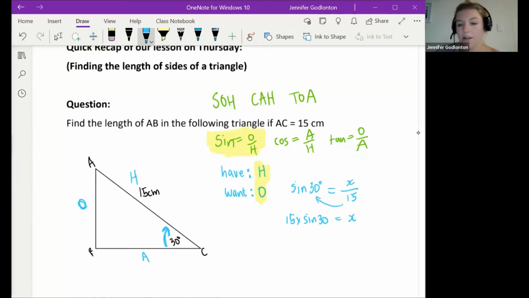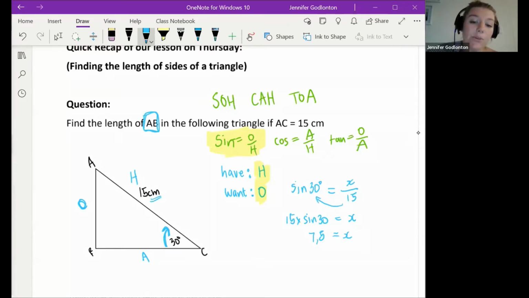And tell me what my answer is. I think people are dashing to find their calculators. Good. 7.5 is great. Nice job, guys. 7.5 is equal to X. But now remember, the question has asked for AB, so we need to write our final step.